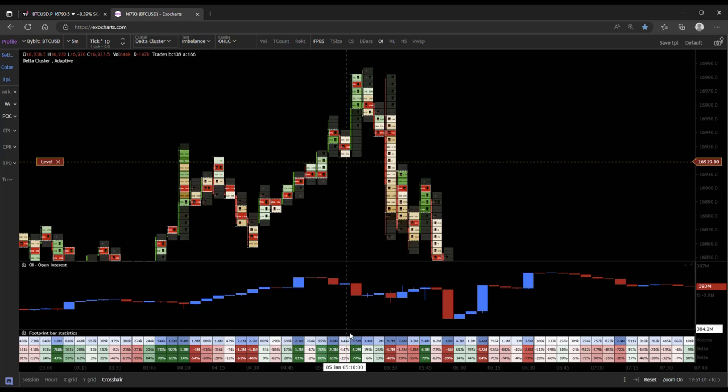What you would actually want to see for a genuine move to the upside is this constantly increasing or being roughly the same as coming up, and the extra confluence would be that open interest keeps rising.